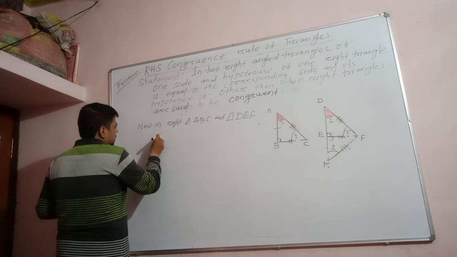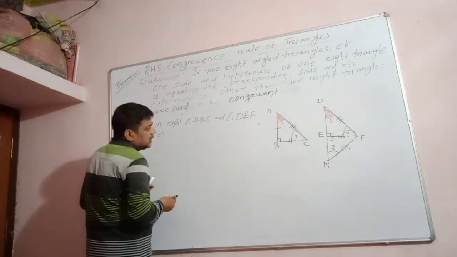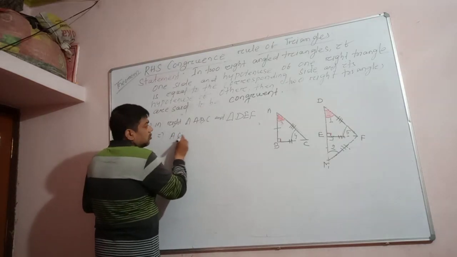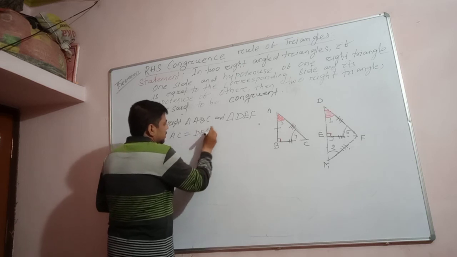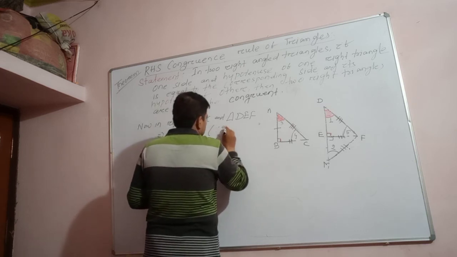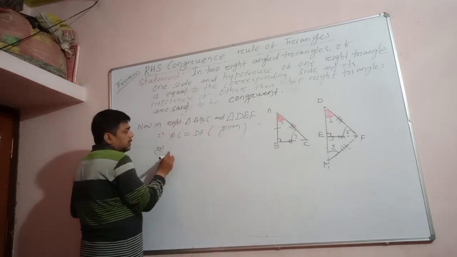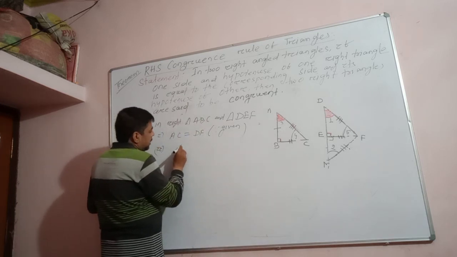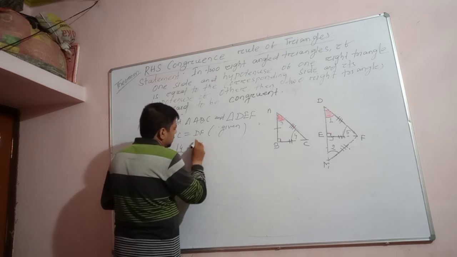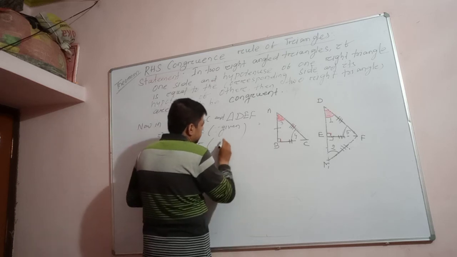first one, what I am seeing now, AC is equal to DF, it is given, hypotenuse given, right? And second is that 4 angle is equal to 5 angle. It is already proved.